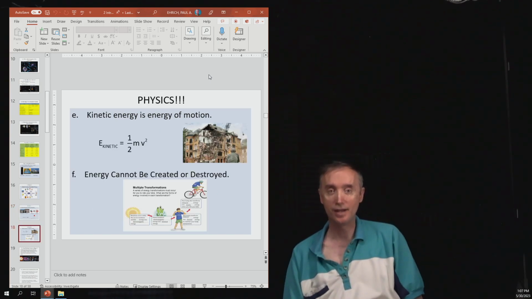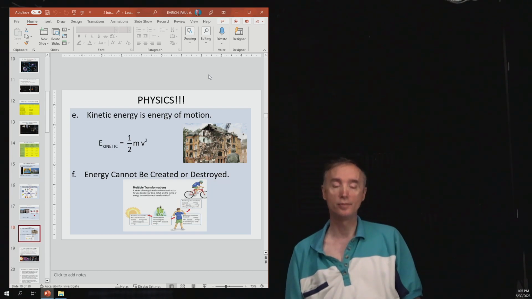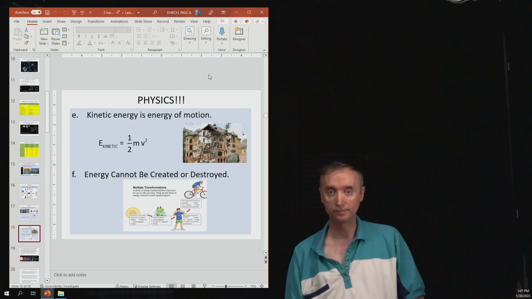Then you've got kinetic energy, which is energy of motion. The faster an object is moving, the more kinetic energy it has. Again, you don't need to worry about the formula, but you should notice it depends on mass and on the speed of the object.